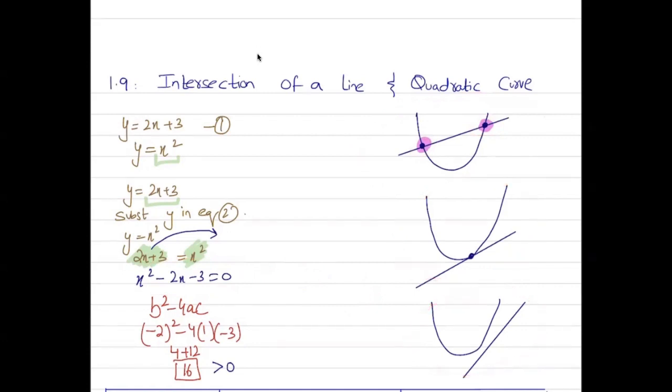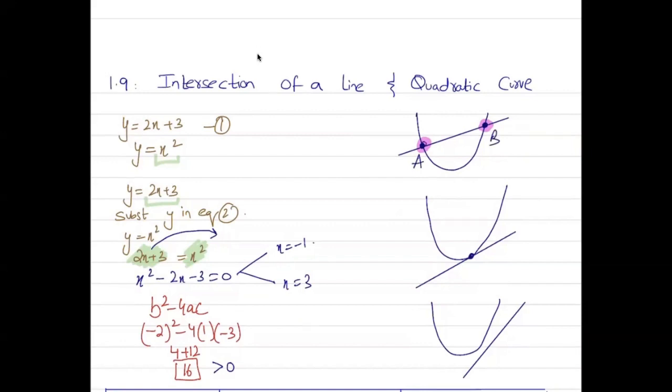To find the point of intersection, I will solve these two equations simultaneously. When you solve these two equations simultaneously, this is the resulting quadratic equation that you get. If you simplify these terms, you're going to get x squared minus 2x minus 3. Now, if the question says find me the intersection point, you're going to solve for these values and you are going to get x as minus 1 and x as 3. And then you can find the y coordinate. So you can get these 2 points of intersection.